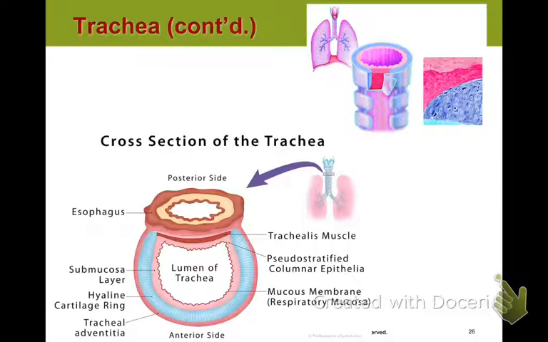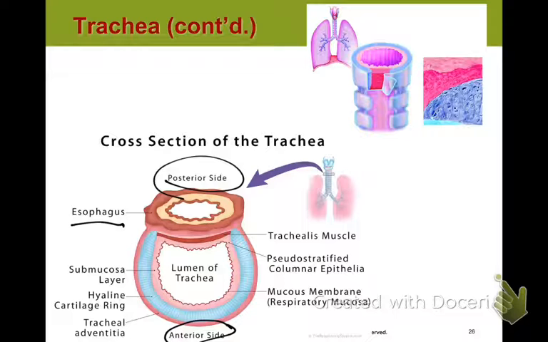So when we say there's a C-shaped piece of cartilage, the trachea has to stay open. If I did a cross-section through the neck, you would find the esophagus on the back side, posterior. So this would be closer to the back of your neck. And then the front side, the anterior side, so anterior, posterior, right?